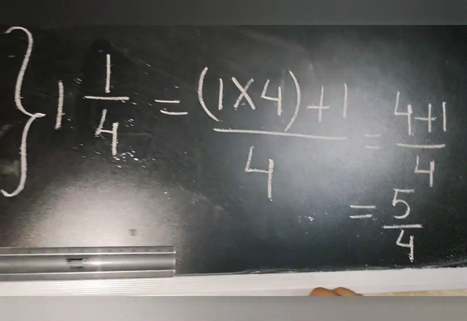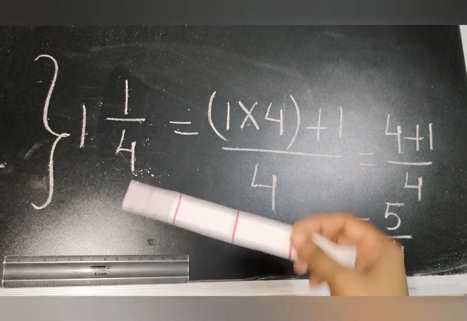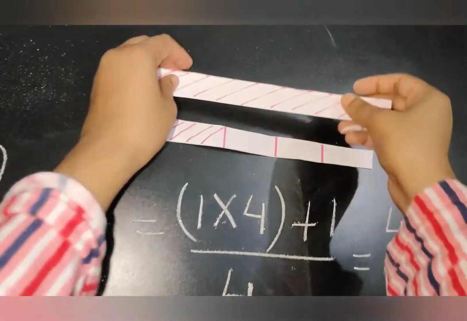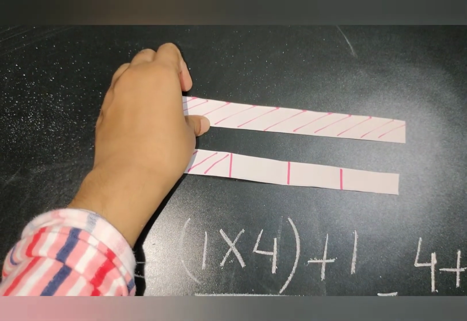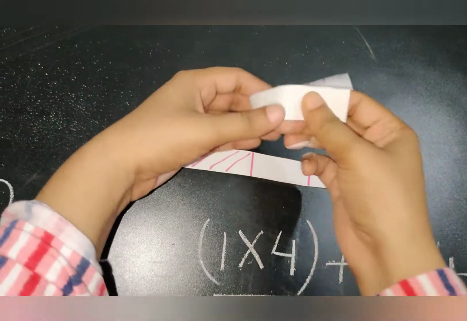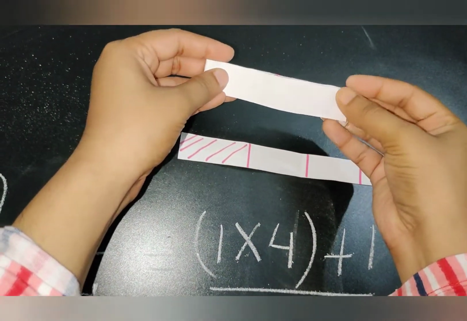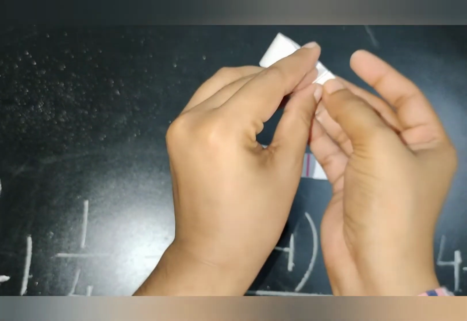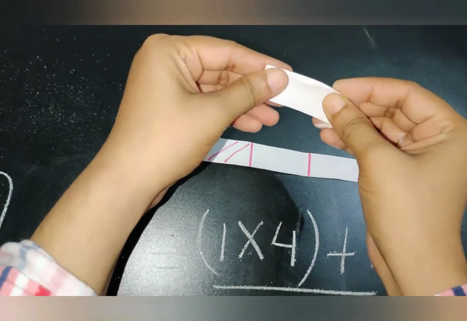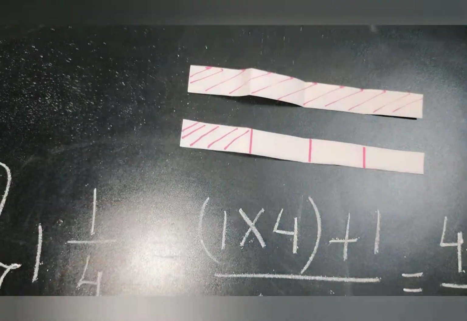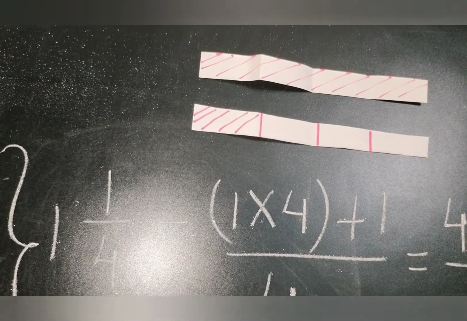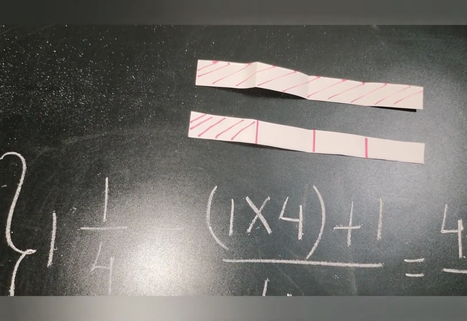So I am going to show you how we have got 5 by 4. This is the one whole part, and if you are going to convert it, you have to divide it into 4 equal parts. In the same way, now I am going to show the block how we have divided.